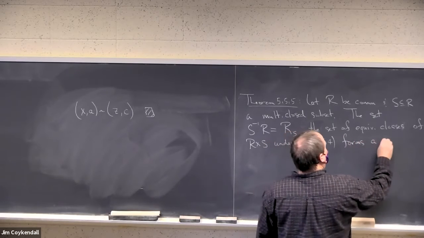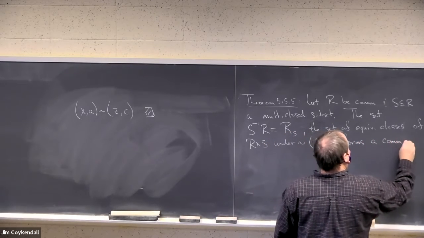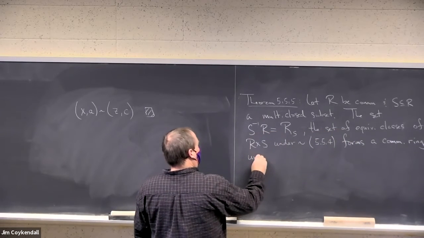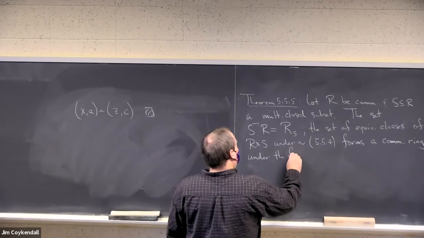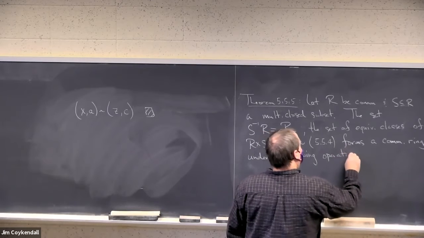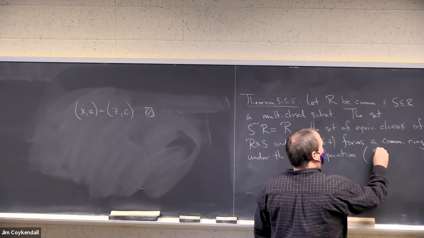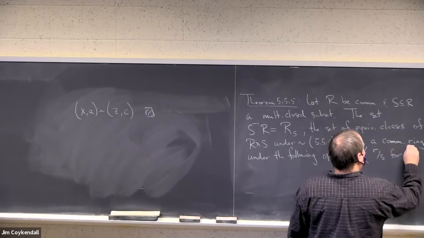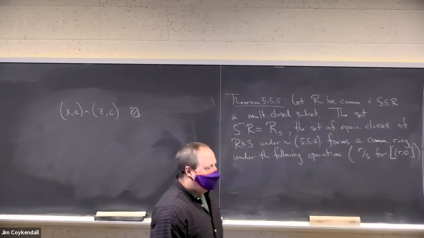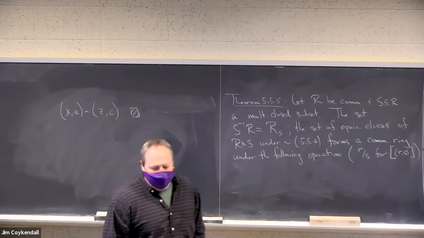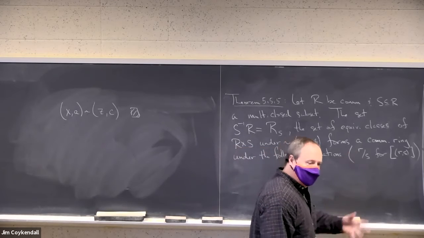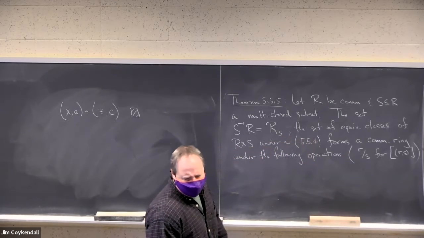Forms a ring under the following operations. Here I'm going to write r over s for the equivalence class, so it looks like more familiar fractions. Just remember we've got that equivalence relation here.